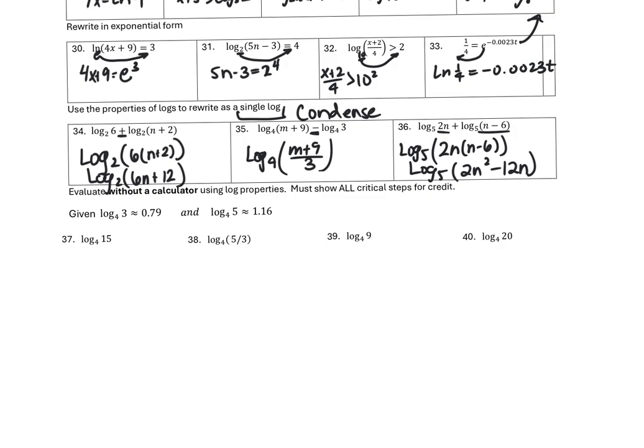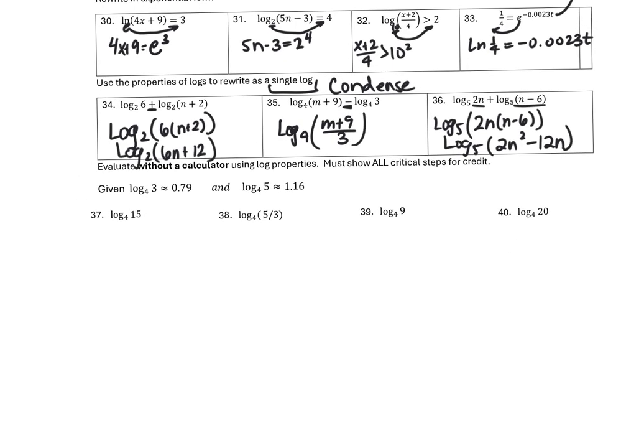Evaluate without a calculator using the log properties. So when it says you must show all critical steps, you are not to go straight to your decimal. You need to show me your thought process. What numbers can I use to get 15 if I know the log 4 of 3 and the log 4 of 5? Well, I know the log base 4, and 15 is 3 times 5.